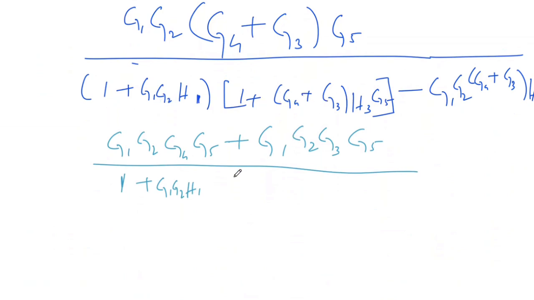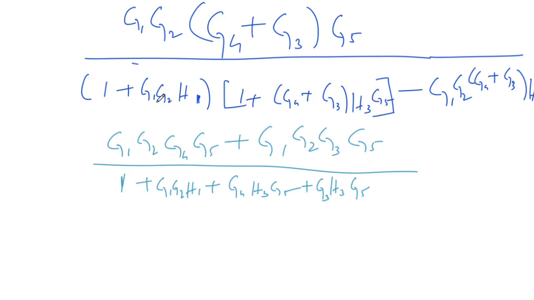So this is plus G4 H3 G5. 1 into this is G4 H3 G5. Then 1 into this is G3 H3 G5.